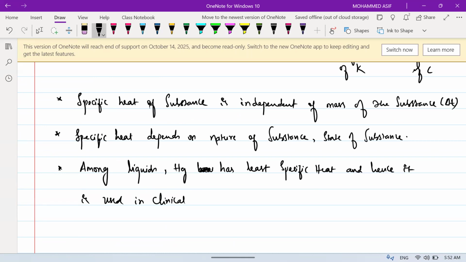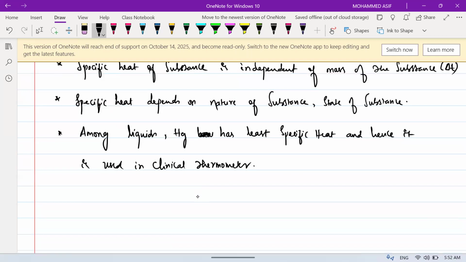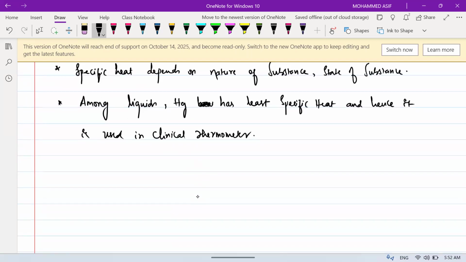As a doctor, you should know why mercury is used in thermometers: among the liquids, mercury is the only substance having the least specific heat, and hence it is used in the clinical thermometer. Why don't we use water or another liquid? You should give the answer that among all the liquids, mercury has the least specific heat. That is the reason it is used in the clinical thermometer.